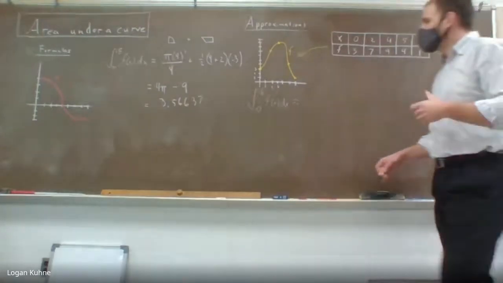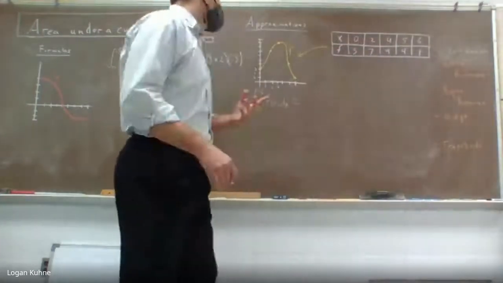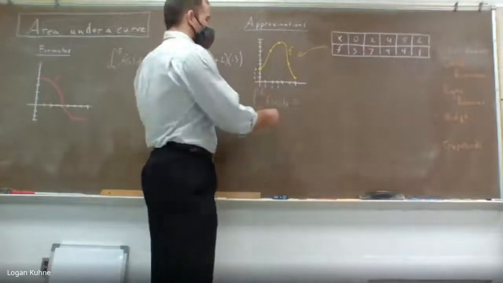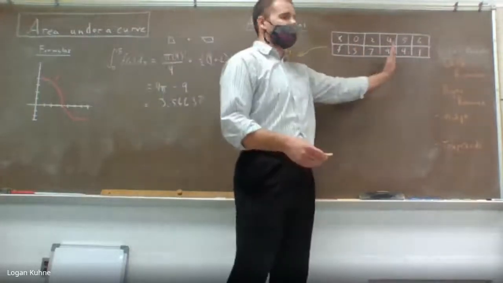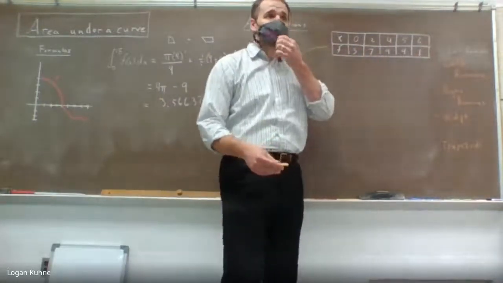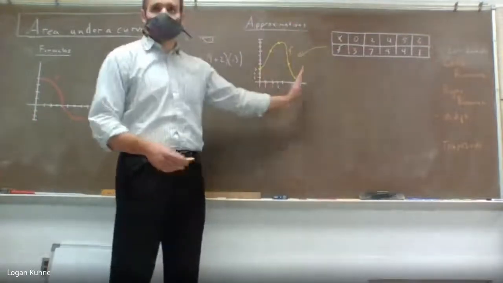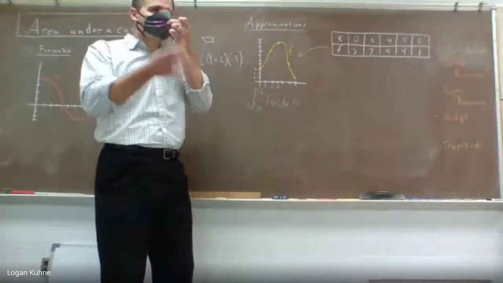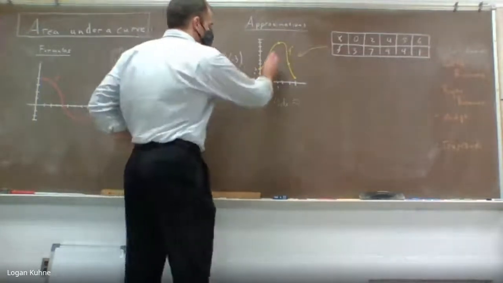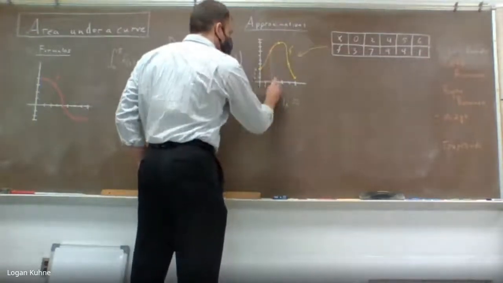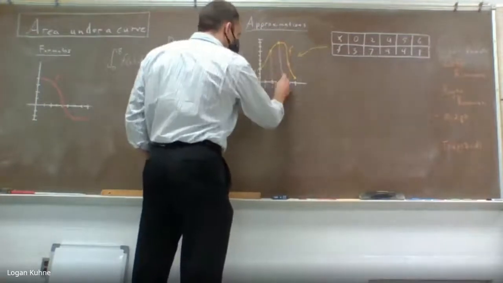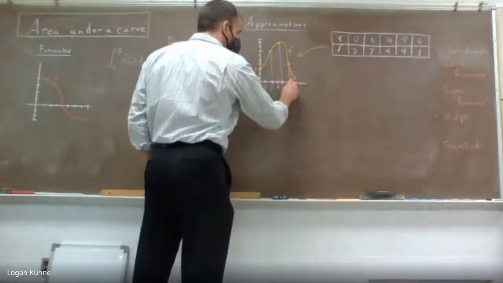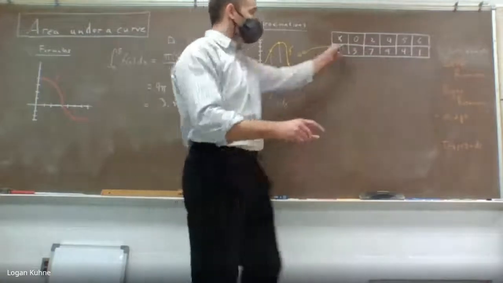What do you like, what do you not like? Okay. So these are called partitions or subintervals. I've got a big interval from 0 to 6. These partitions or subintervals are just where we're cutting it up. I'm going to cut it up from 0 to 2, 2 to 4, 4 to 5, and 5 to 6, because those are the numbers we have. Okay?